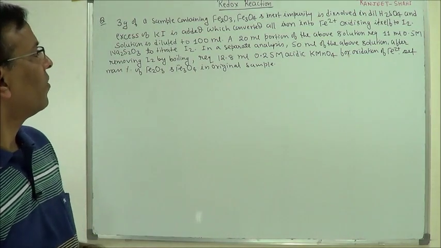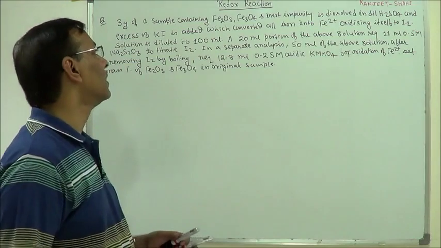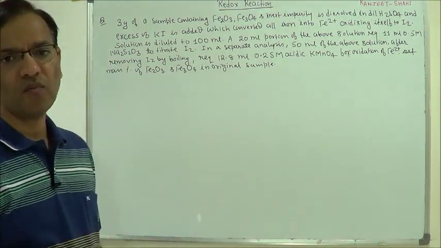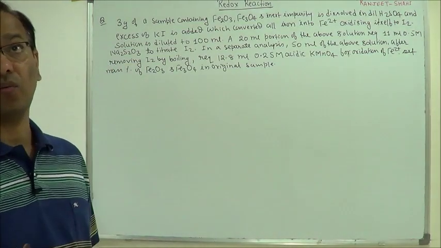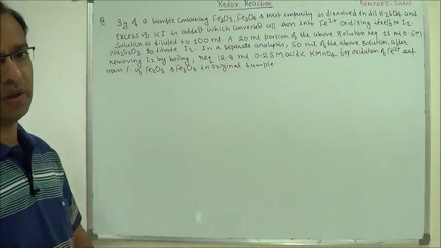What is there in this question? We have a sample which contains ferric oxide and ferroferric oxide Fe3O4, and some inert impurity is also there.